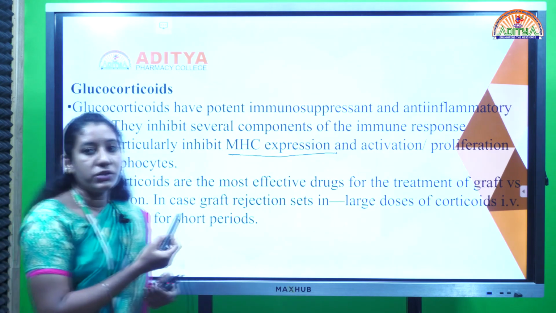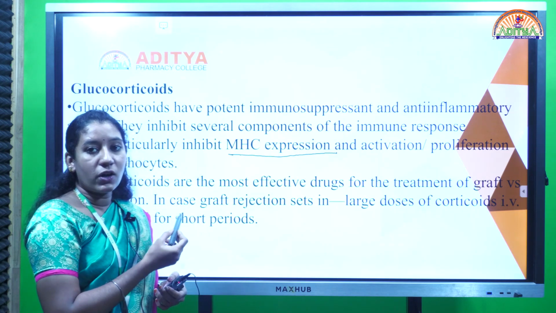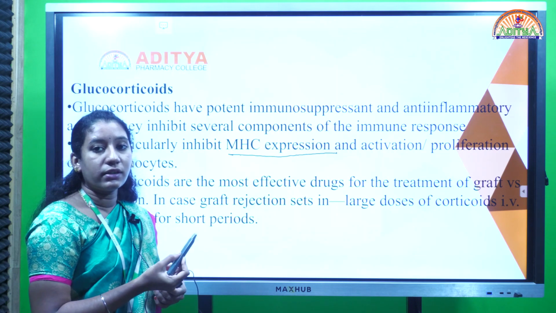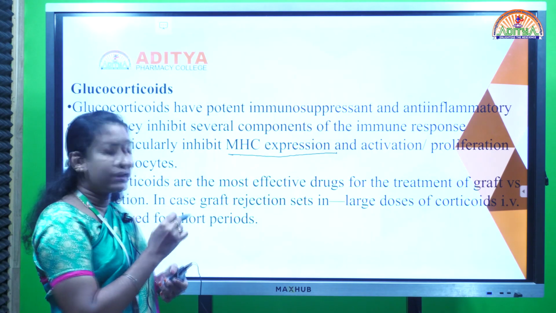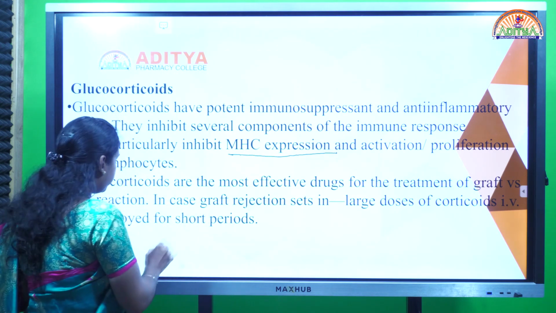So these are used in the treatment of graft rejection, and are given by the IV route, that is intravenous, in larger doses, and that course is employed for short periods.